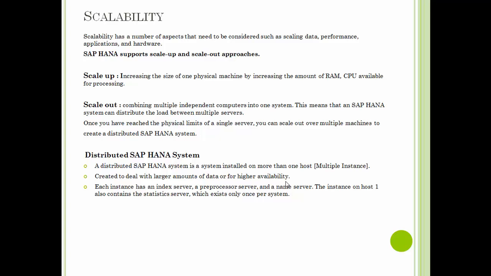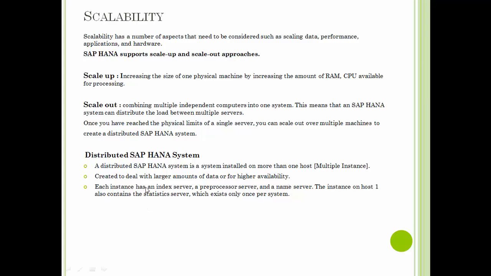So in case of any failure or outage of any of these active instances, the standby instances, which are not operating on any request, can take over the role of the active instances and resume the operations immediately. Thus we can achieve high availability by implementing the distributed SAP HANA system technique.